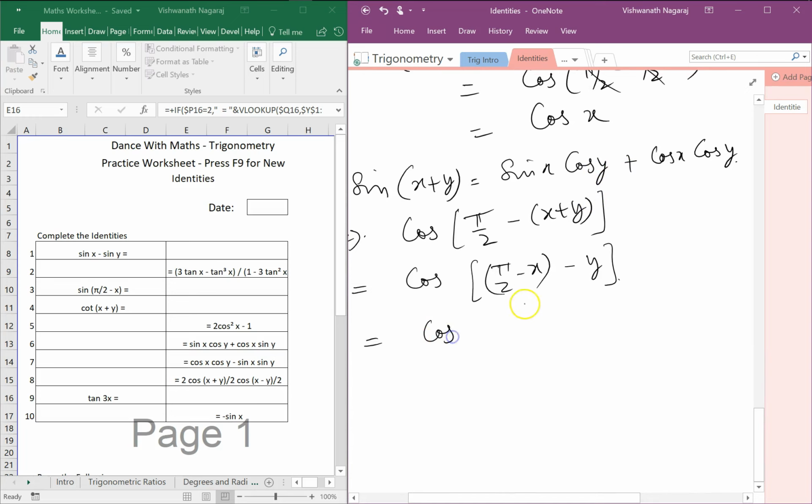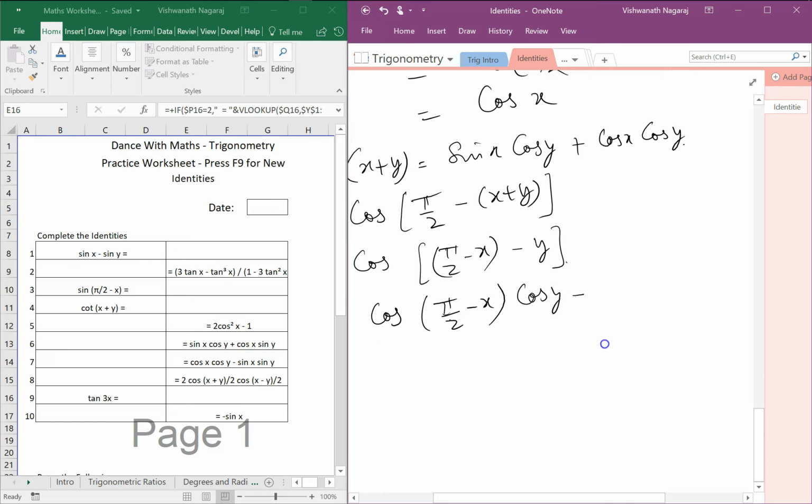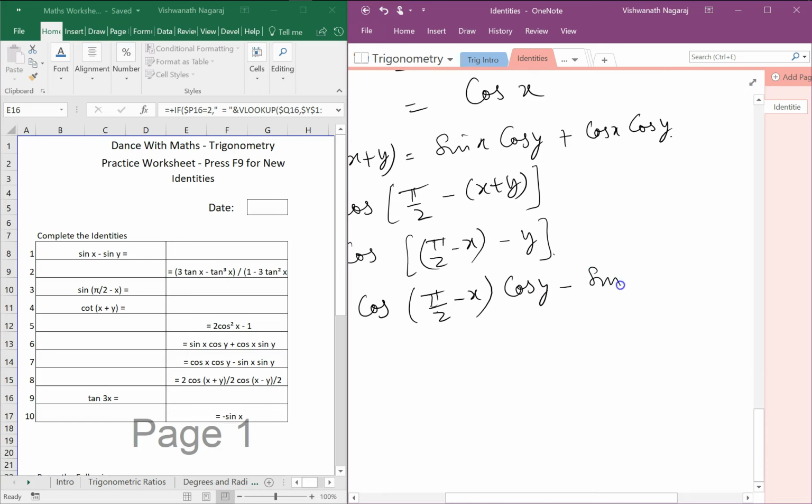So cos x, this whole thing is x here, pi by 2 minus x cos y, so cos y, minus sin x sin y, sin pi by 2 minus x sin y.